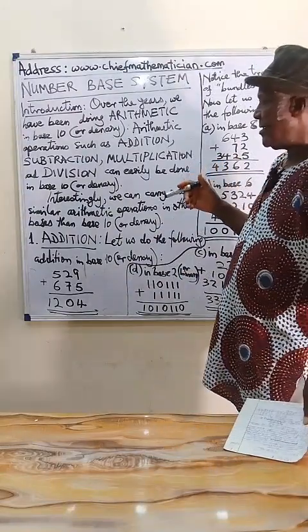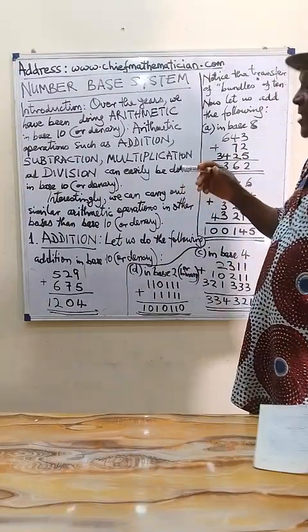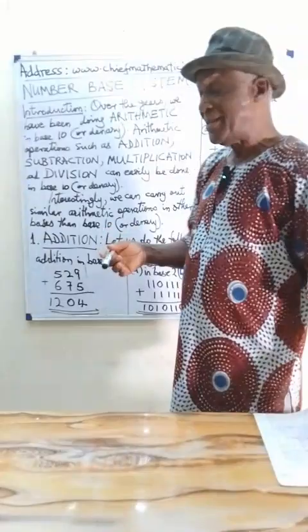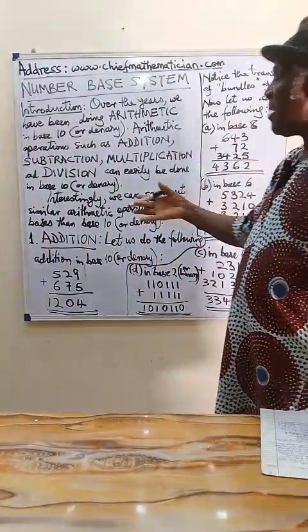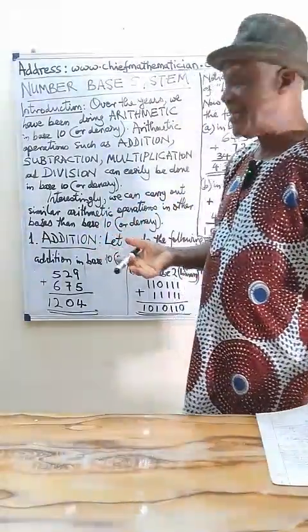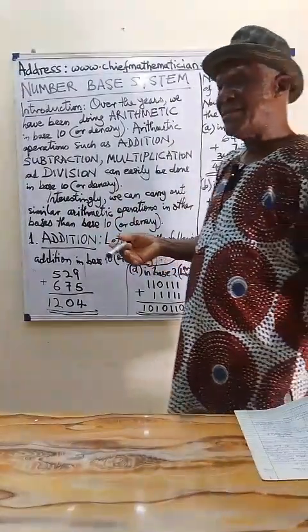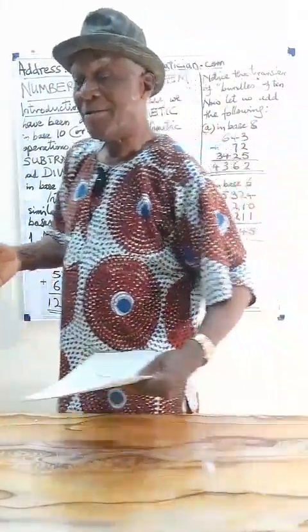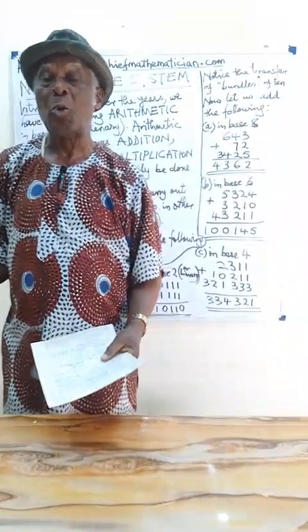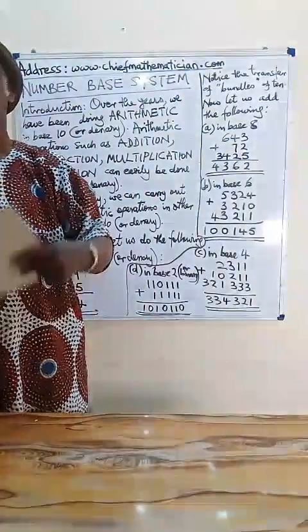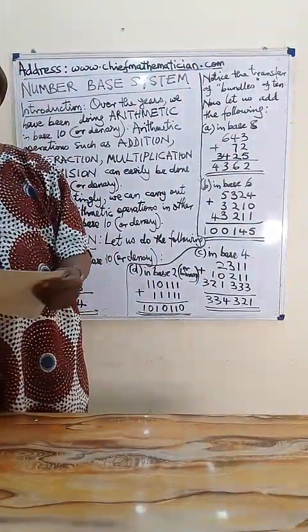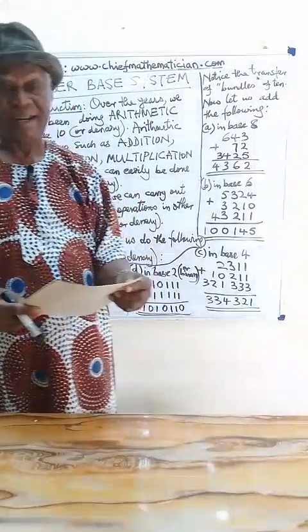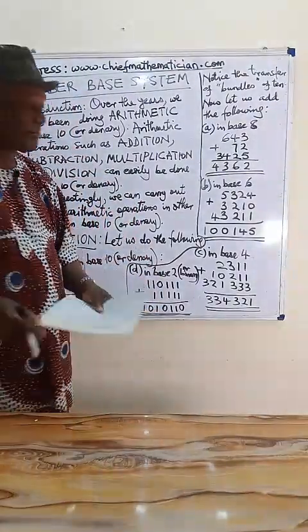Interestingly, we can carry out similar arithmetic operations in other bases than base 10. In other words, those things we are used to doing in base 10, we can as well do in other bases. That is where we are going now.